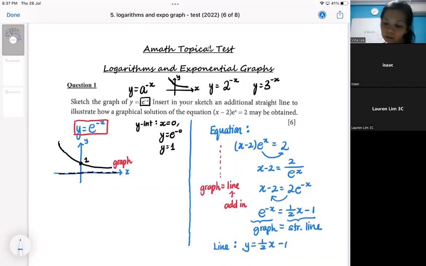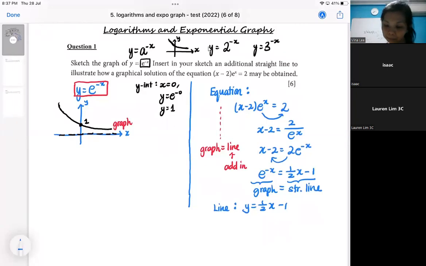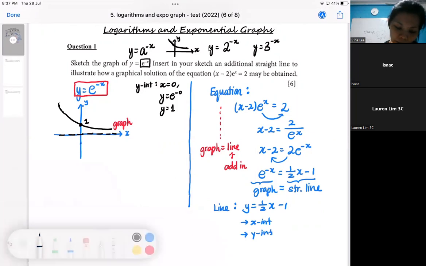If I want to insert this line, I should take note of the x-intercept and the y-intercept of this line. Isaac, you can do it mentally, or you can work it out. Think about the x-intercept. Think about the y-intercept. The y-intercept is quite obvious. The y-intercept is -1.